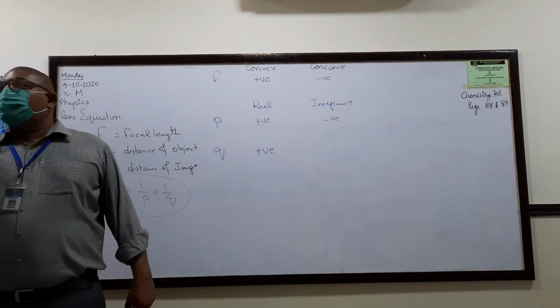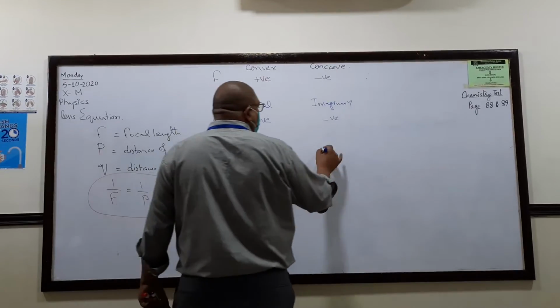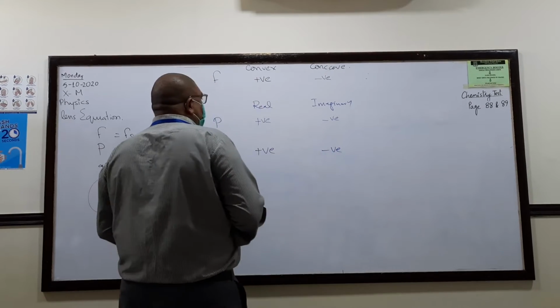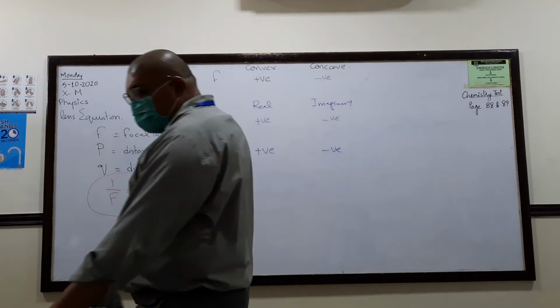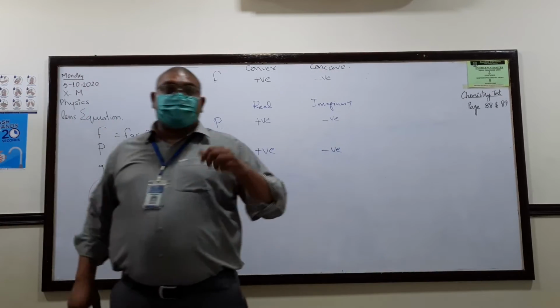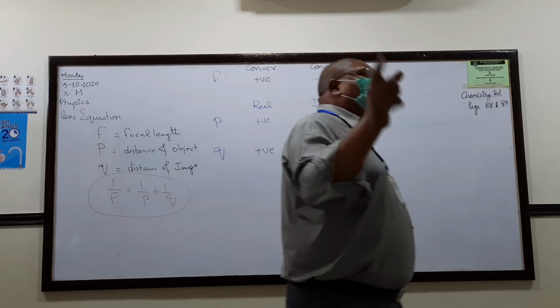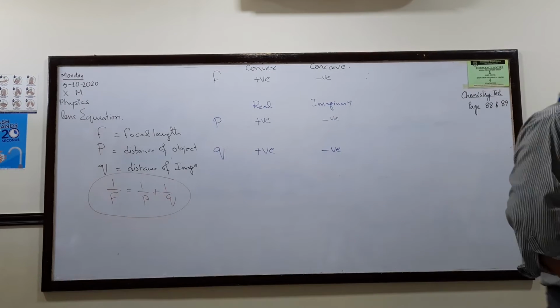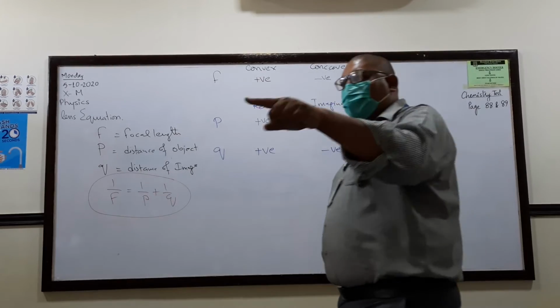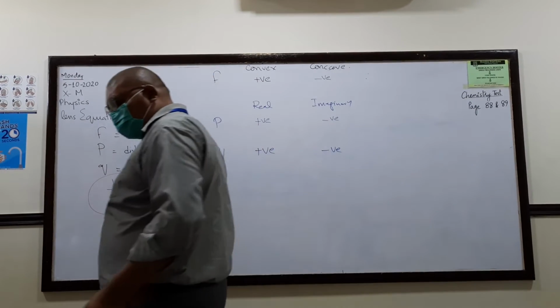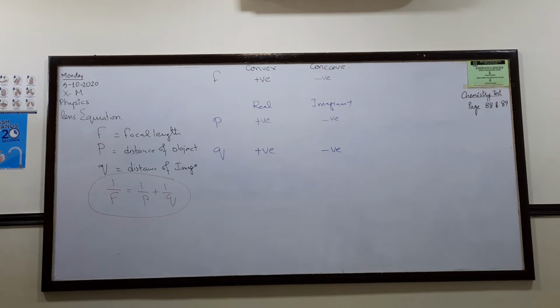If the image is virtual, the q value will be negative. It works both ways. For example, try to understand this. If you are given the task to calculate the value of q, and the value of q is positive, it means the image is real.